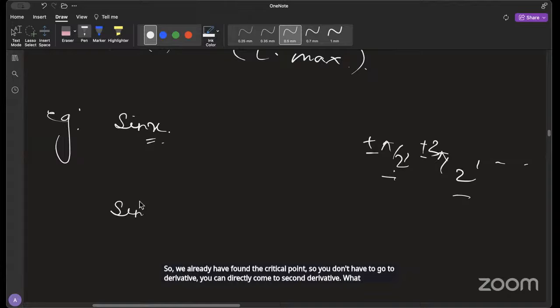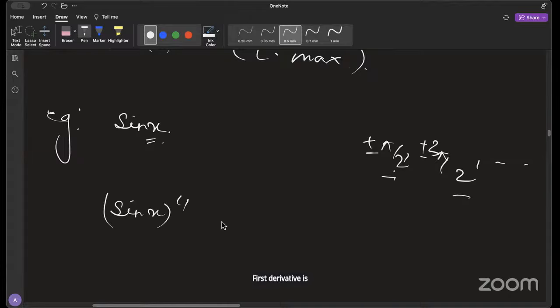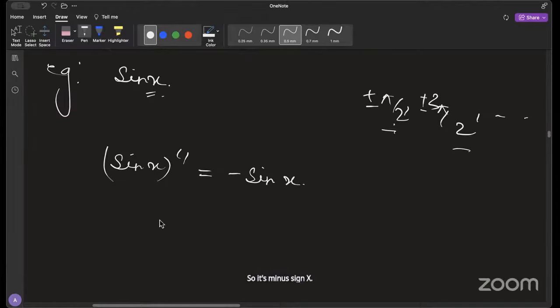What's the second derivative of sin x? First derivative is cos x. And then the derivative of cos x is minus sin x, right? So it's minus sin x. What was the next step? You have to put in x equals pi by 2.